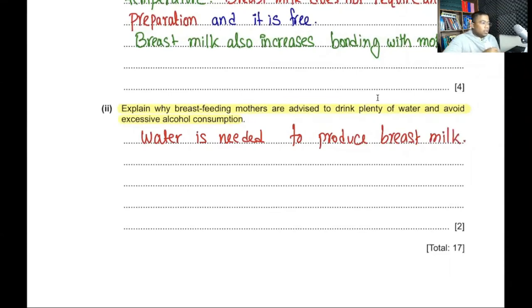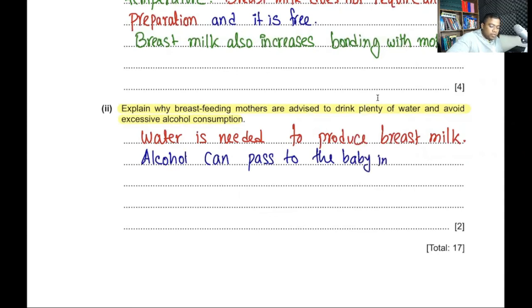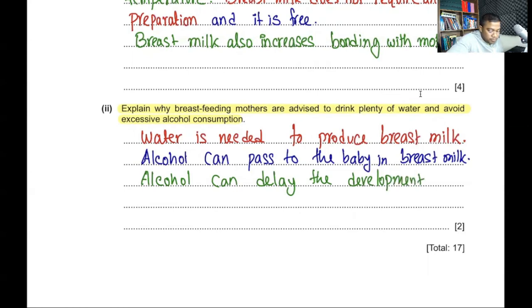So alcohol, when drunk in excess, obviously can pass to the baby in breast milk. Alcohol can delay the development of the baby. So the brain development will be hampered.